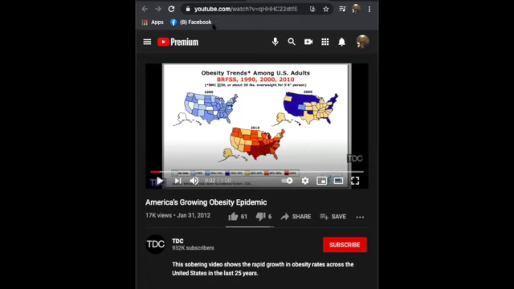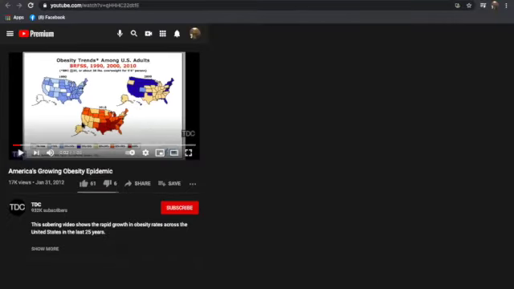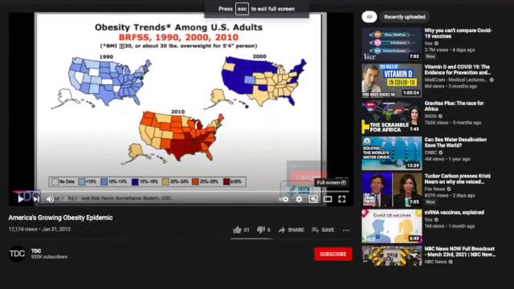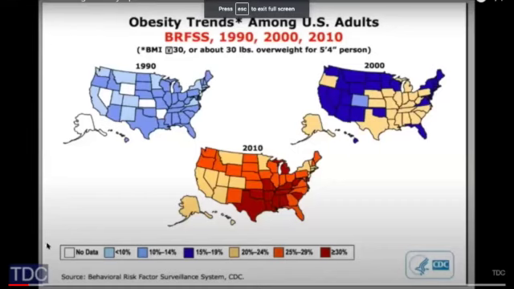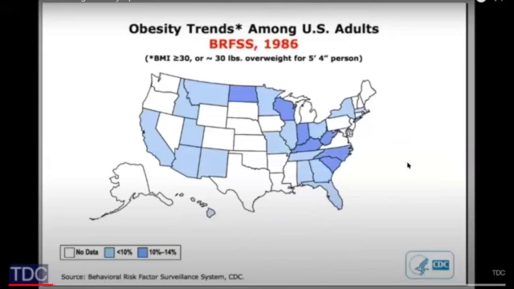All right. So they're saying by 2032 that we will have a 50% incidence of obesity in the US. I think we're roughly in the third range now. But here's some data.